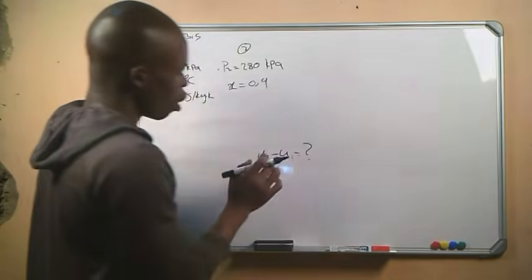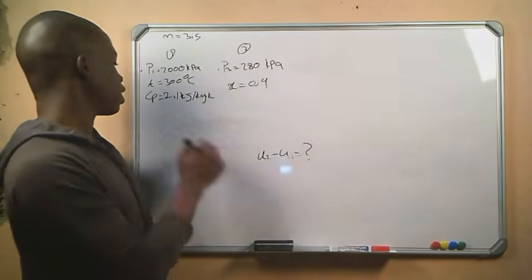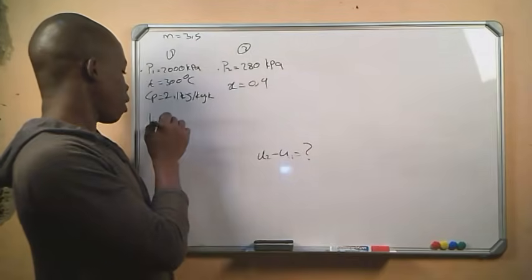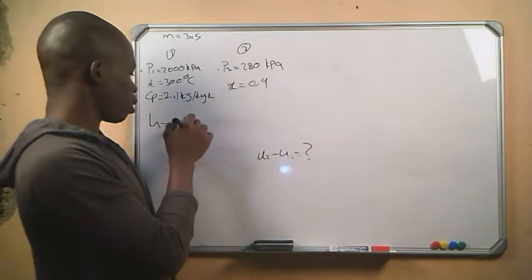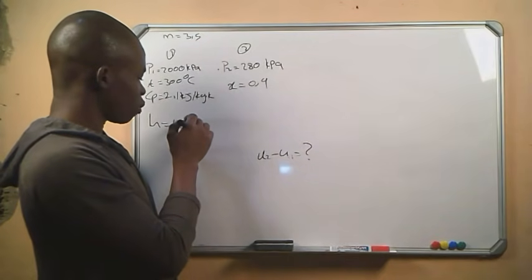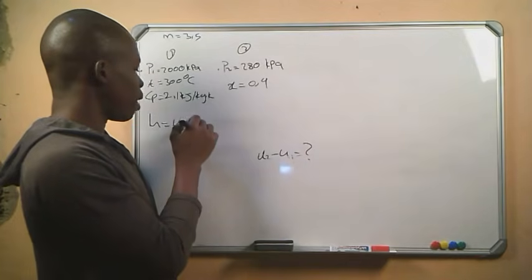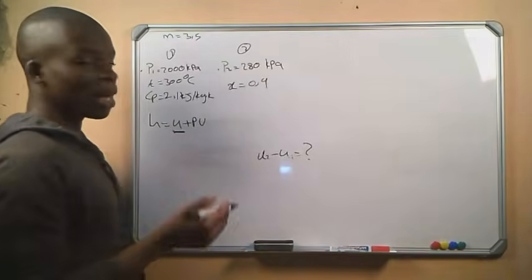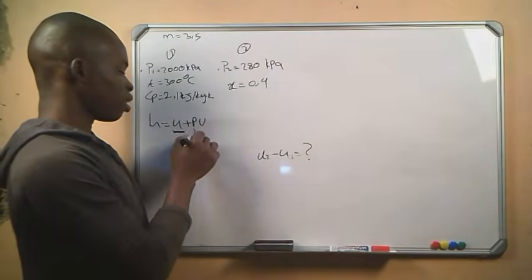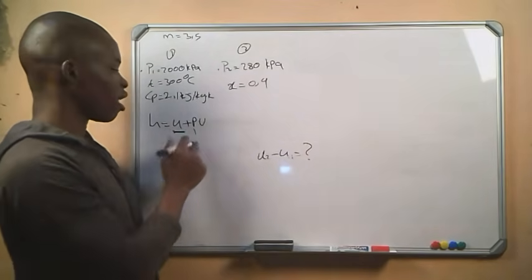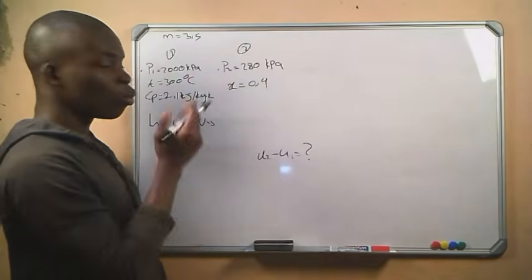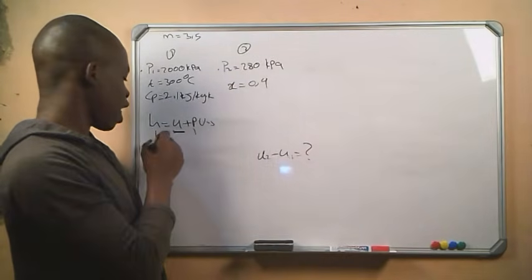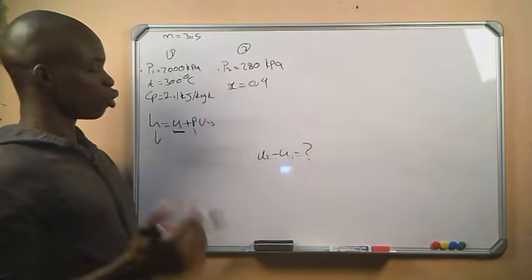Meaning now that this is our wet steam with a dryness fraction of 0.9. And then we know the only way we can achieve this is to go to the formula that says H is equal to U plus PV, and then we are required to calculate U. But first we must find this: our pressure we have, but we must find volume, which we do not have, and we must find enthalpy, which we also do not have.